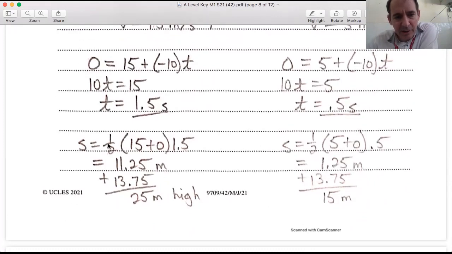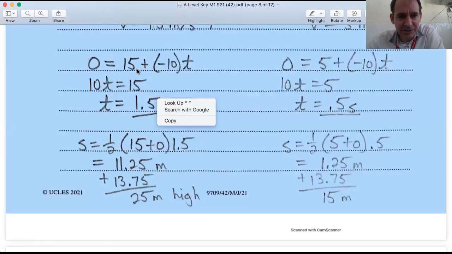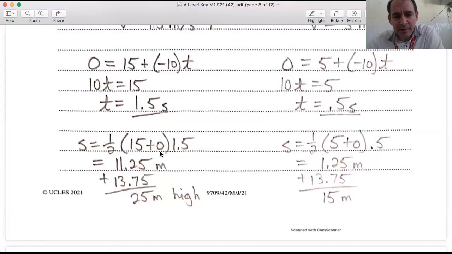Okay, so here's our 1/2 (u plus v) times t. So how far did it go after it coalesced in the upward direction? Here's 1/2, 15 was our initial velocity. It's going to stop at 0 meters per second, and it took 1.5 seconds to reach that.